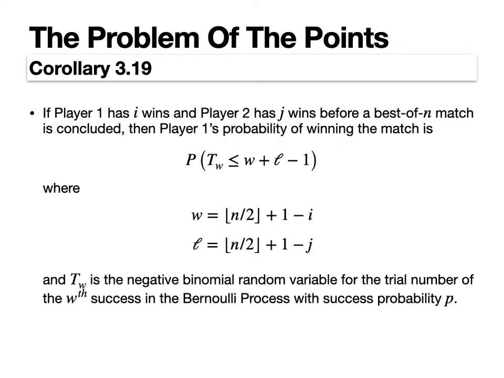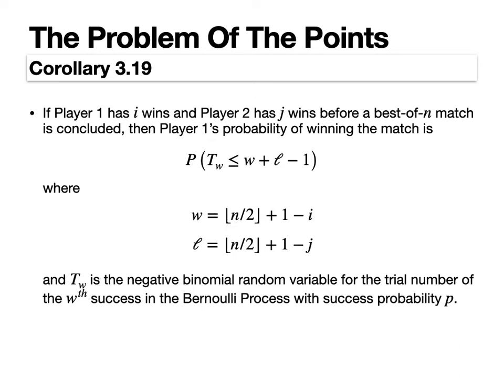And as a corollary, we can conclude that if player 1 has i wins and player 2 has j wins before a best of n match is concluded, then player 1's probability of winning the match is the probability that the trial number of the Wth win is less than or equal to W plus L minus 1, where W is the number of additional wins that player 1 needs to win the match.